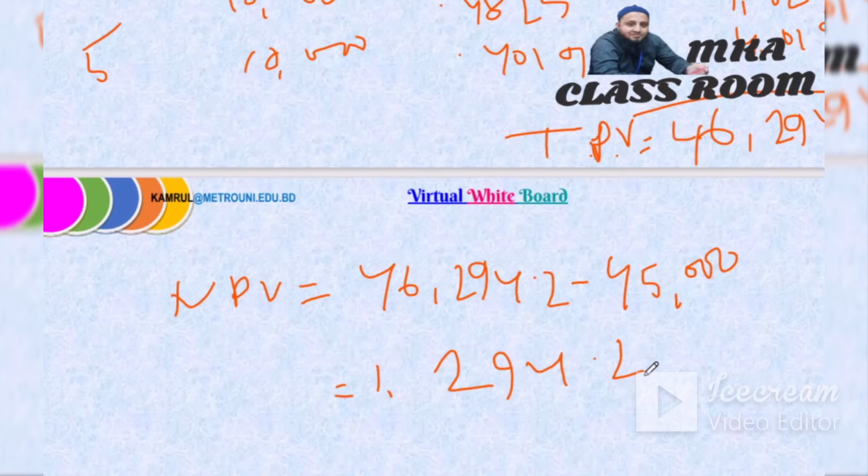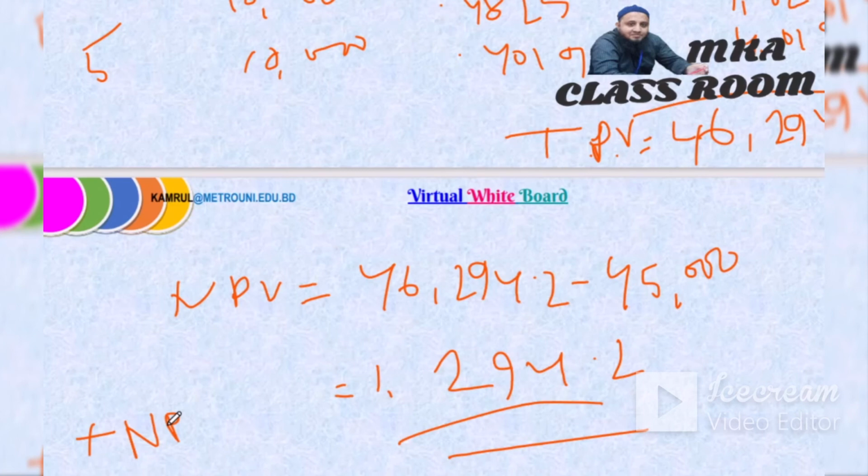So our NPV is total present value minus initial investment: 46,294.2 minus 45,000, it is 1,294. Again we have a positive NPV, so we need a negative NPV. So 10% shows positive NPV, 20% shows positive NPV.